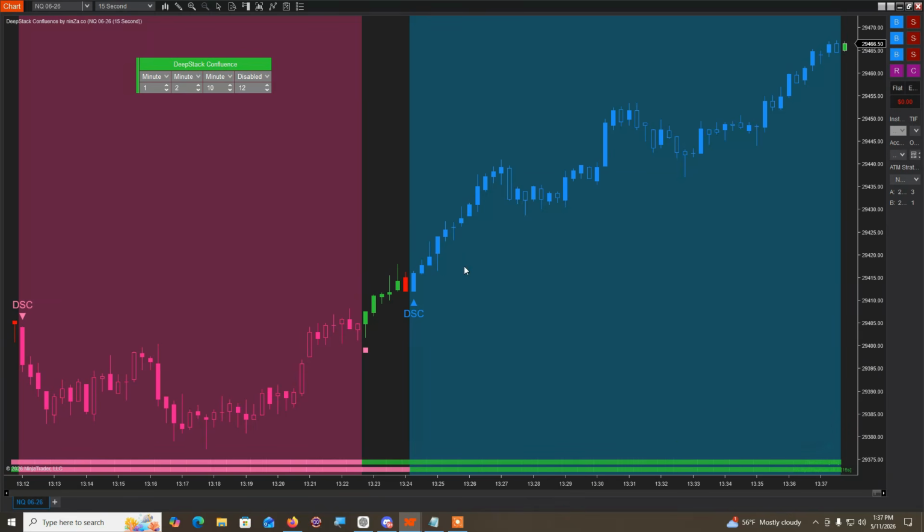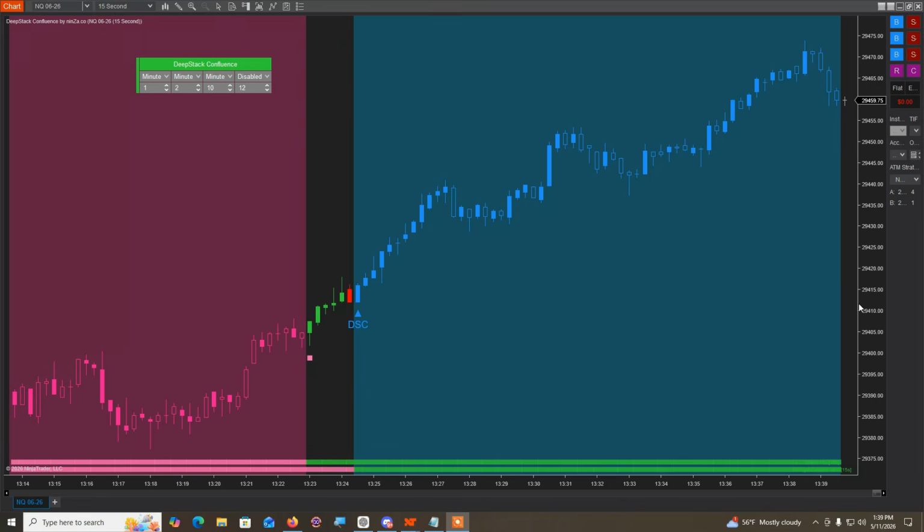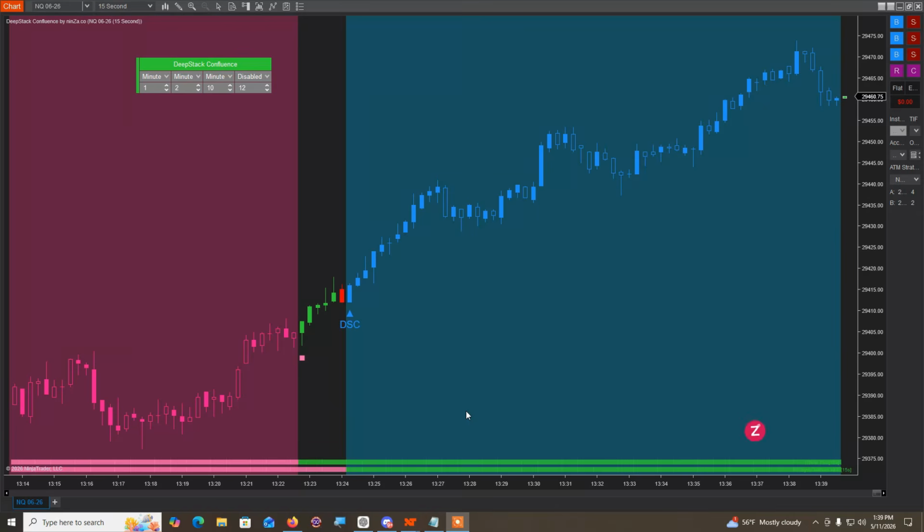Now here everything agrees, we have a signal, and all this time here we are in a bullish condition, meaning that what? Meaning that all things being equal, it's much better to be on the long side than on a short side. Now, the reason why I think this type of a tool is so revolutionary is because most traders, it's not that they don't have enough indicators.